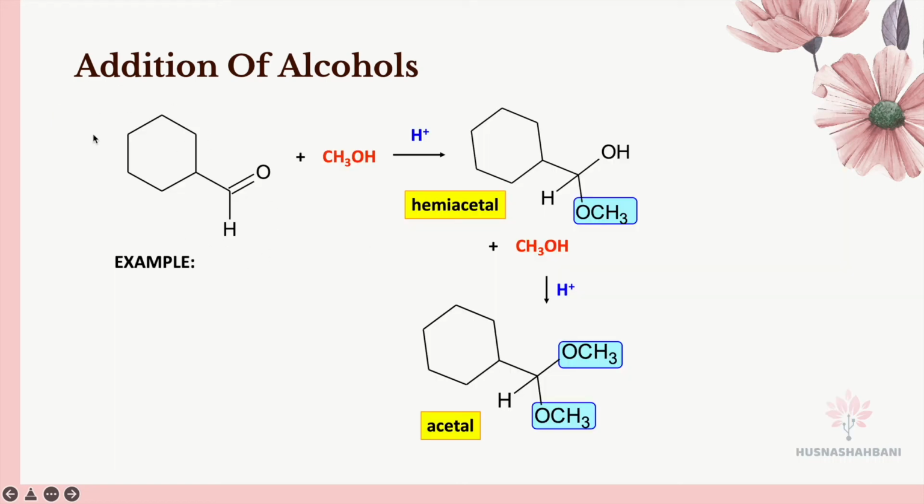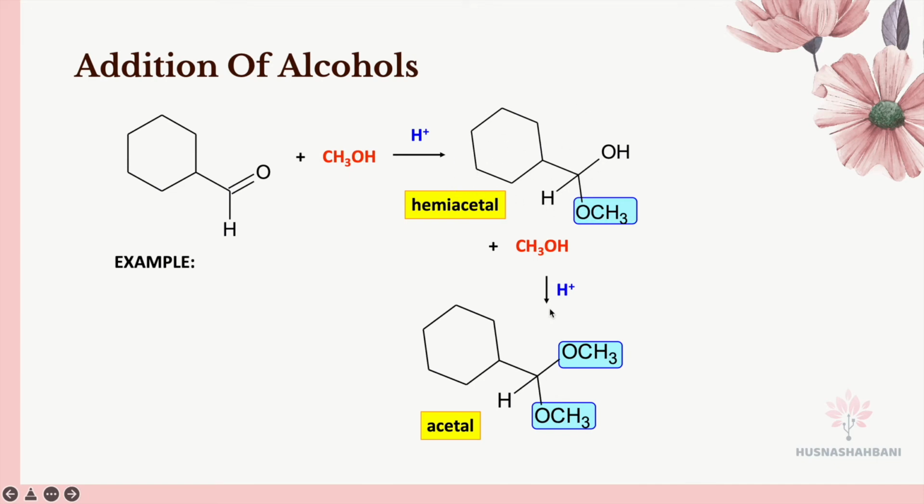For example, here we have aldehyde. Aldehyde reacts with alcohol. Here we have methanol, in the presence of H+. This C double bond O will become OH, COH, and then one more new carbon bonded to OR. Our R here is CH3, so the carbon will be bonded to O, CH3. This is hemiacetal.